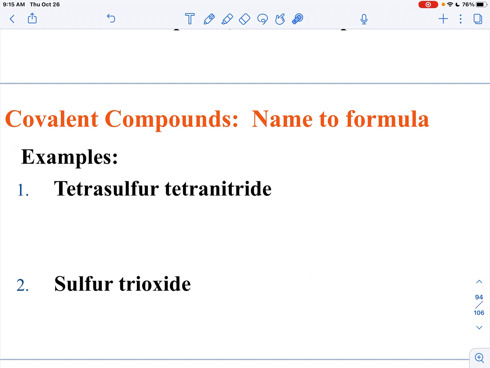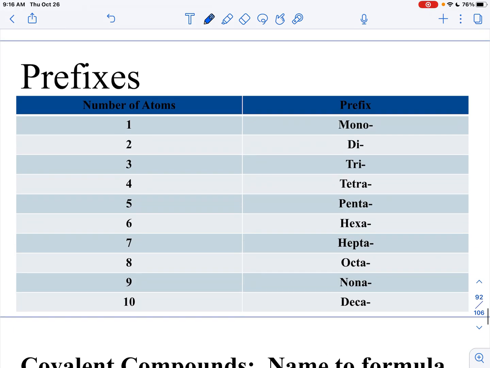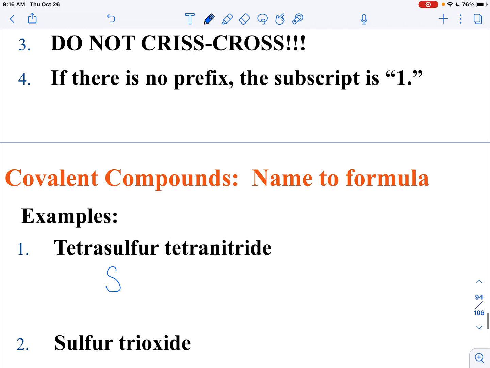So let's see. You look at this first word and you find the element in it. Tetrasulfur. The element is sulfur. So you write the symbol for sulfur. Then you find the prefix. The prefix is tetra. So our subscript on sulfur is going to be 4.